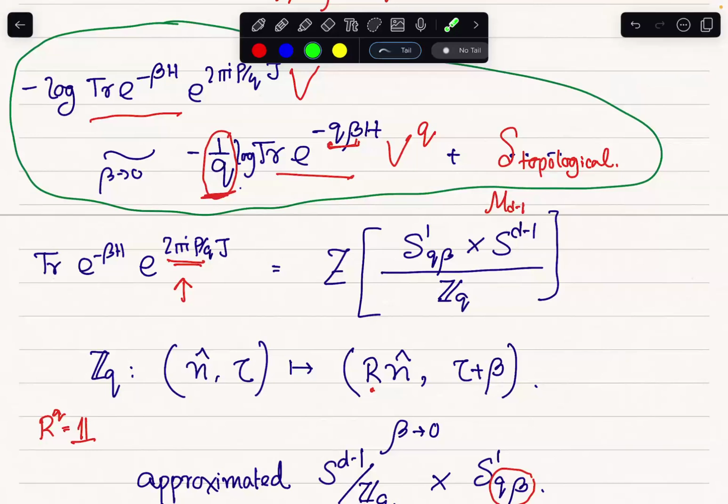You mean the fibered one, in the sense that the Z_Q acts on both the S^1 and the S^(D-1)? Yes, the fibered one. Okay. If you take some solution and do the fibered quotient, the only problem is there might be a singularity at the tip of the cigar, but except at that point everything else is smooth, and if you compute the action, it gives you the right answer.